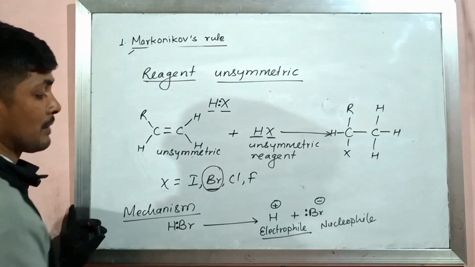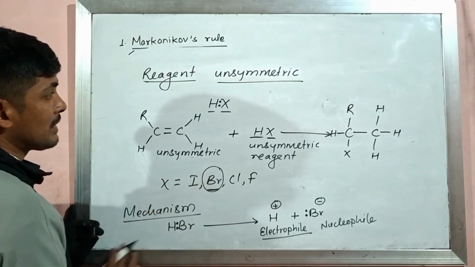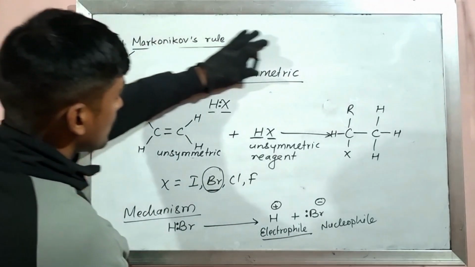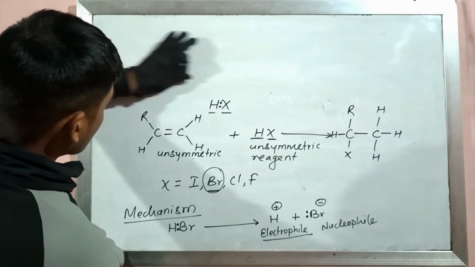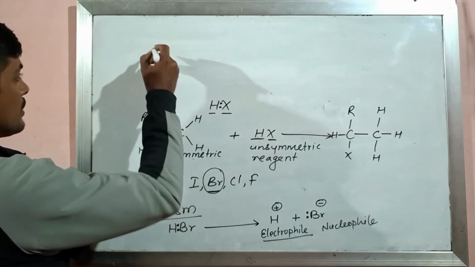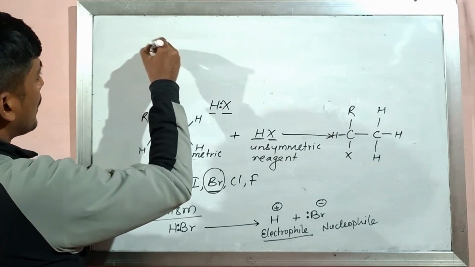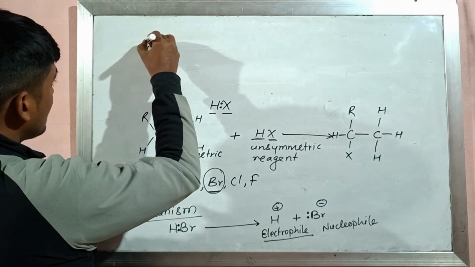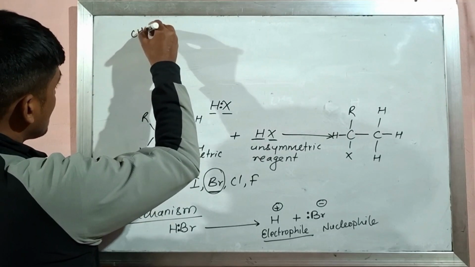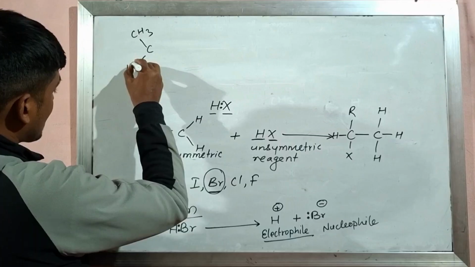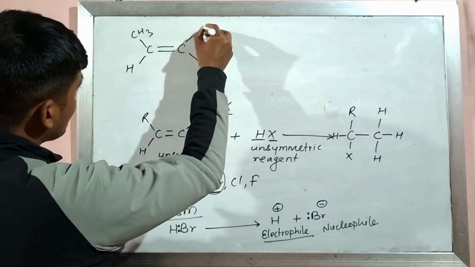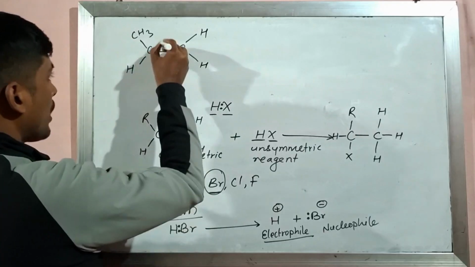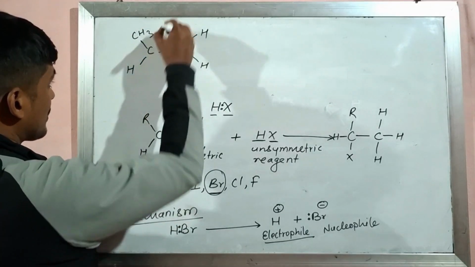So whenever it comes in contact with an unsymmetrical alkene, suppose we have an unsymmetrical alkene like this, then we know that in the alkene there is a pi bond which is weak.